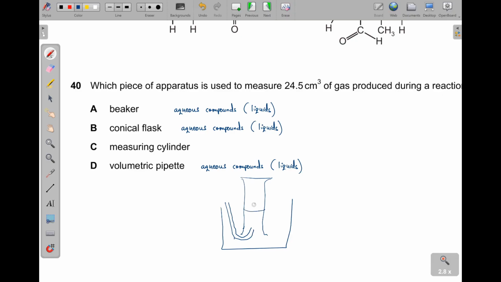Then you find that the gas comes off, and then it is measured up there. So this one is very possible. This one here is very, very possible. So it has to be the measuring cylinder. So this has been it for this paper.